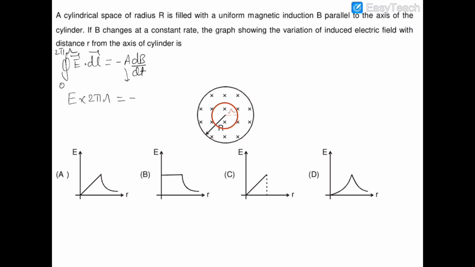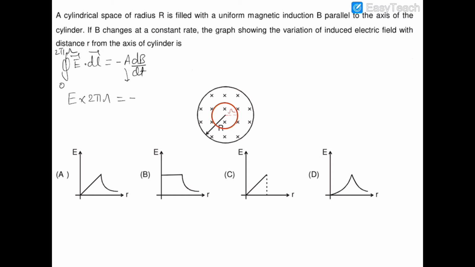It cannot be greater. In this case it would be the area of this loop, because we are calculating the electric field induced in only this loop. If we were calculating the electric field induced in that bigger loop, then we would take the complete area.